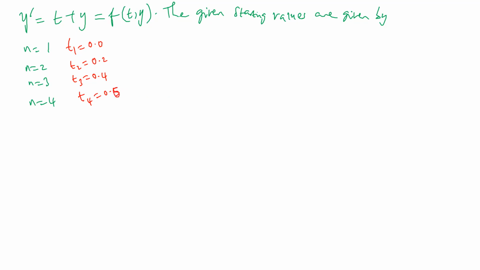There are some things you need to note. We note that this is in steps of 0.2 because our h is 0.2, so it's 0.2, 0.4, 0.6. At 0.2 we have n equals 2, at 0.4 we have n equals 3 and so on. This is going to be in the exam pretty much. Now, there's something we also need to remember.